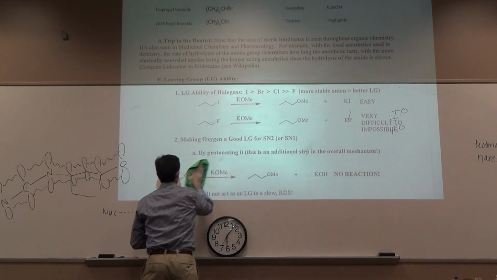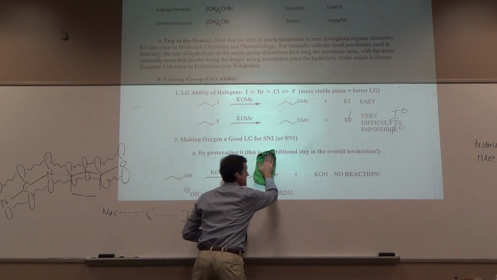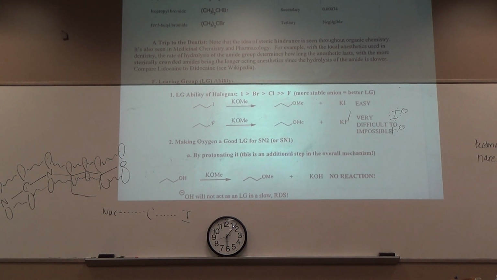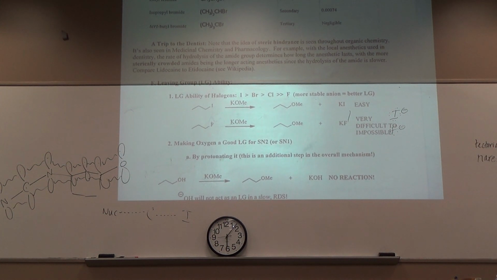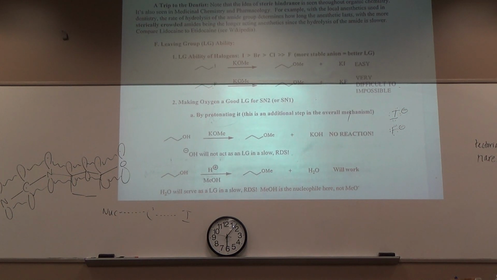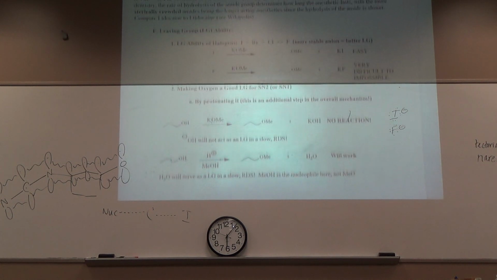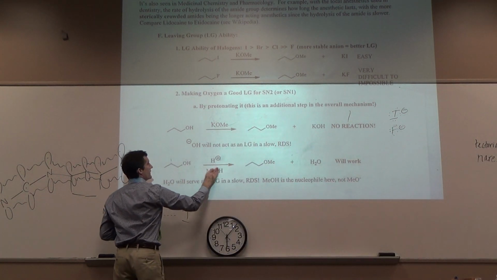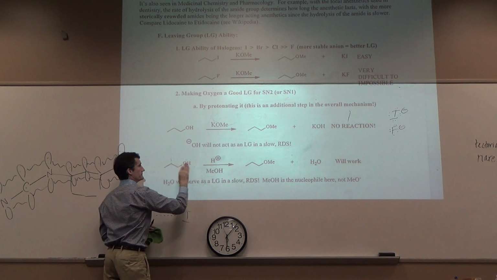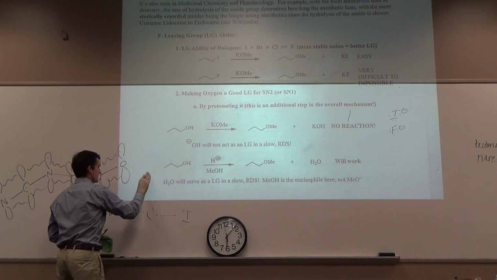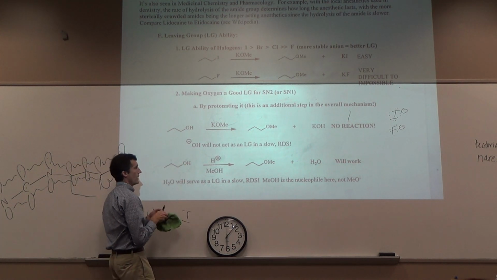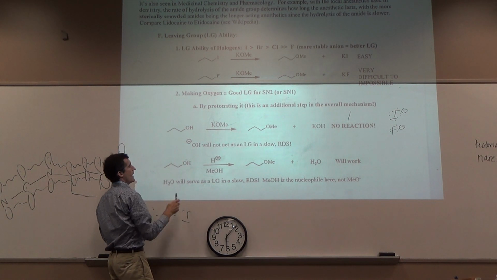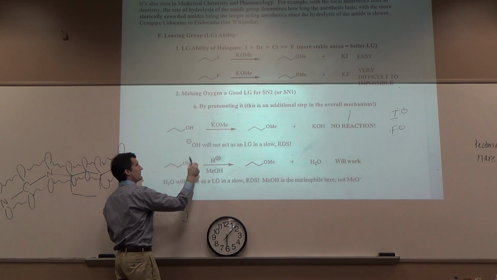Okay, so how do you make oxygen a better leaving group? Can you make it a better leaving group? Yes, you can make it a better leaving group by making it positive. We can do this transformation up here by including an acid. We include an acid, and the first thing that happens is you have to make this positive.